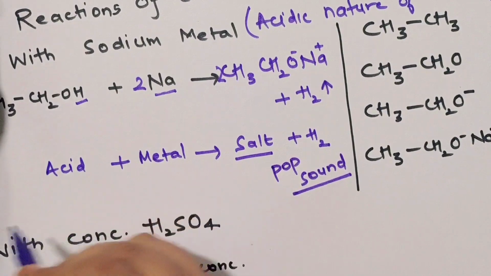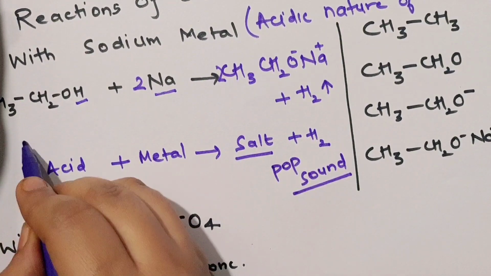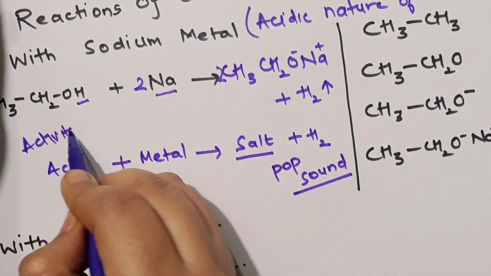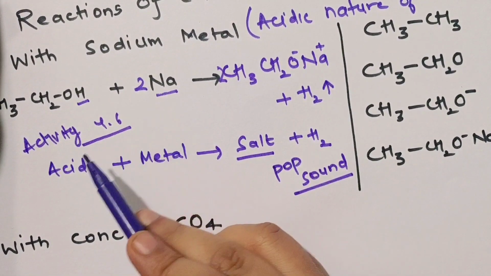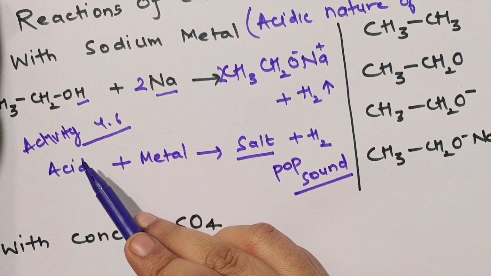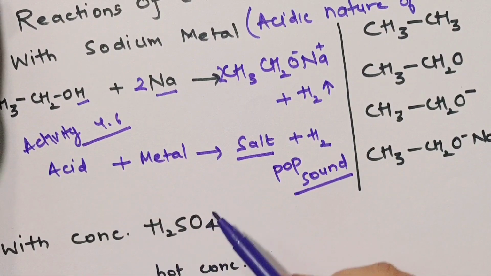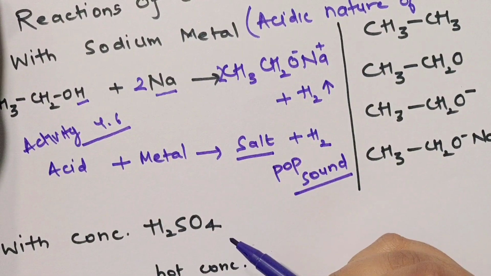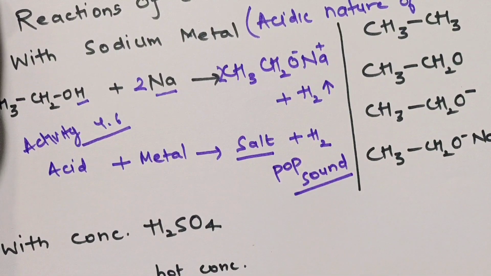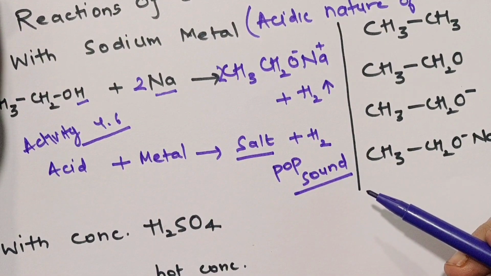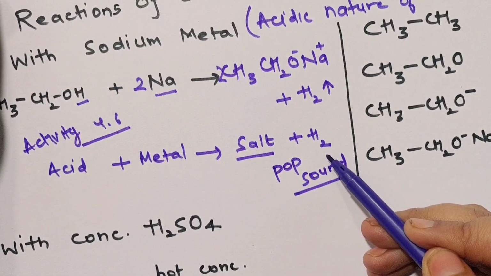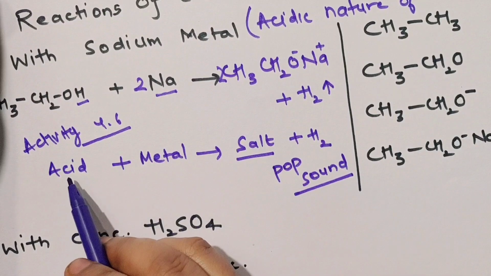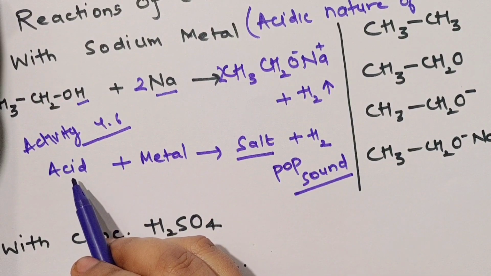This was your activity 4.6, where you added a small piece of sodium to ethanol taken in a test tube, and you see bubbles released. When you bring a lit matchstick close to the mouth of the test tube, you hear a pop sound, which proves that hydrogen gas was released. That means alcohol must have some acidic character.